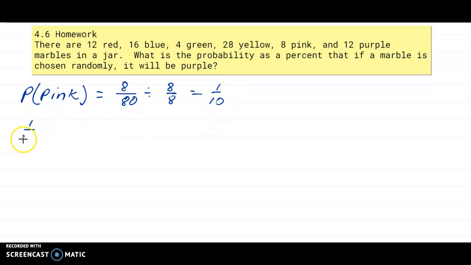If I go 1/10 times, I want my denominator to be 100, and then I know what a percent is, right? Because percent means per 100. So if I multiply this by 10 over 10, I get 10 over 100, which equals 10%. So I'm just going to leave it at that instead of setting up a proportion. So the probability of pulling a pink marble is 10%.